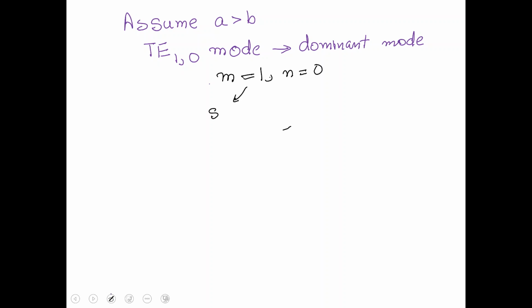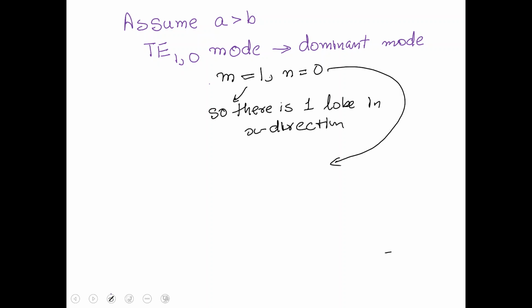So there is one lobe in x direction, and n equal to 0 is basically shouting in your face and telling you there is no amplitude variation, there is no lobe in y direction.